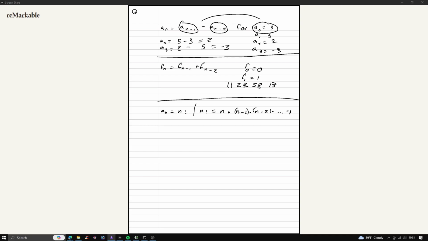So if we just cut off n right here, we see that this is just n times n minus 1 factorial, right, because that's how factorials work, which means that a of n can really just be n times a of n minus 1.